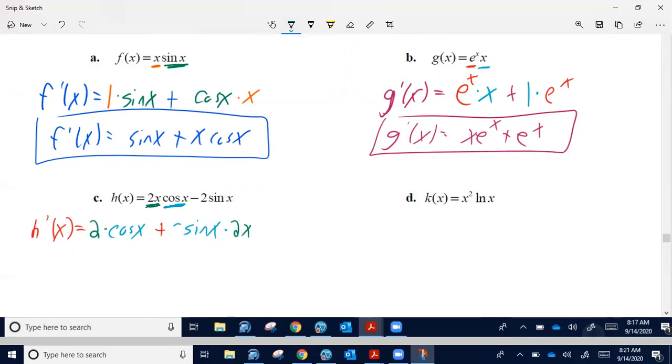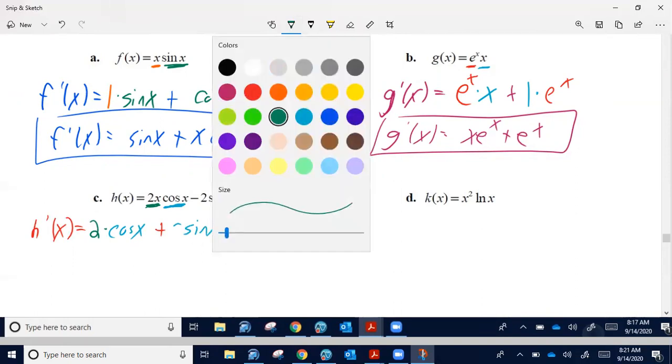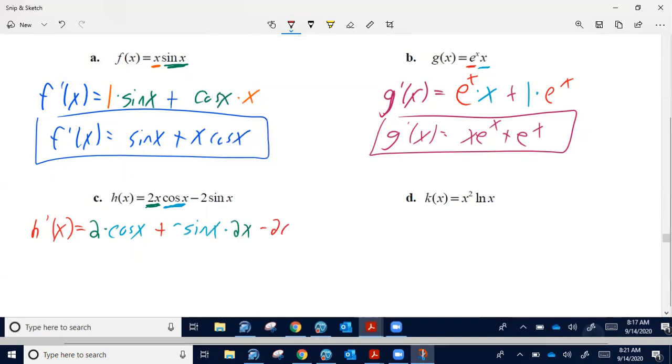And then the derivative of minus 2 sine of x. The derivative of sine at the end of the problem is cosine, so minus 2 cosine x.